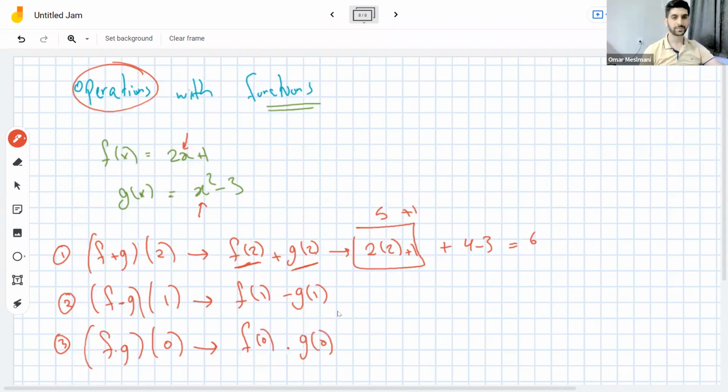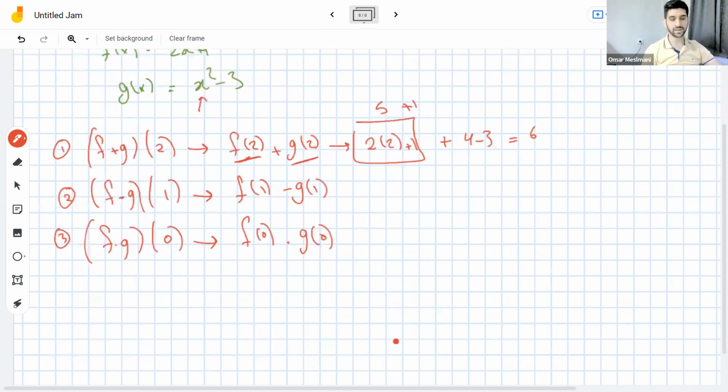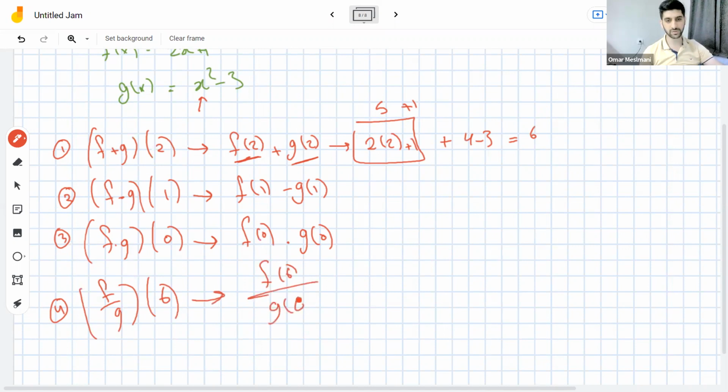Okay? All right, guys. Same again, exactly the same. If I have a division, let's say f over g to a value, let's say 6, I will ask what is the value of f6 and what is the value of g6?